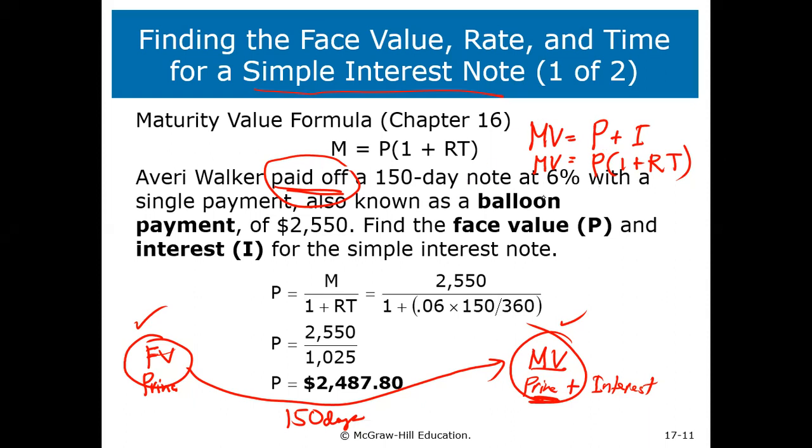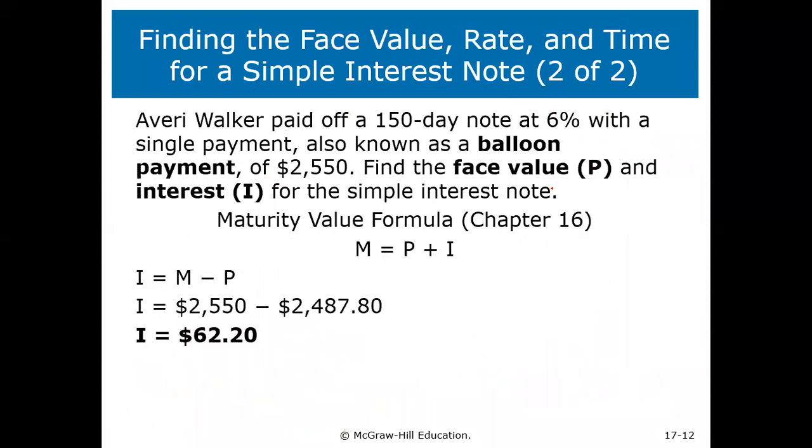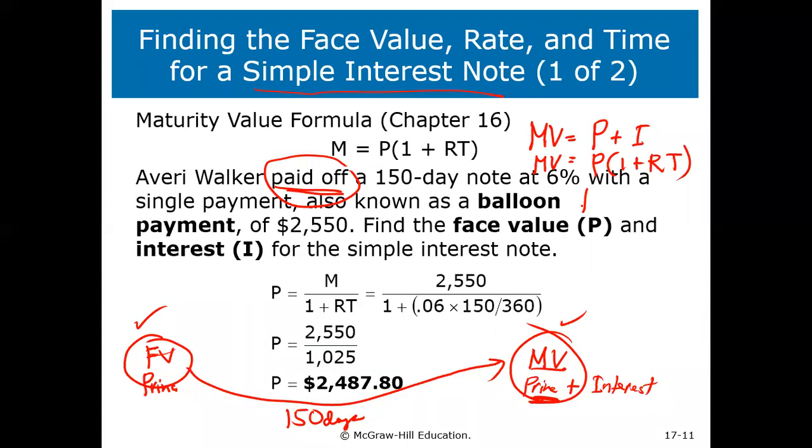Therefore, we can compute now for the principal. The principal will be equal to the maturity value divided by 1 plus rate times time, right? So we can now compute for this, and it's already shown here.